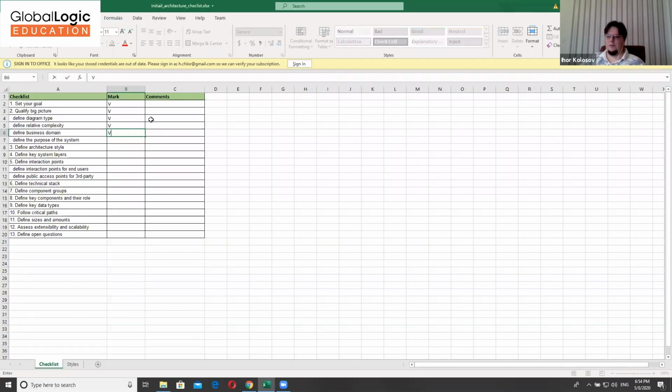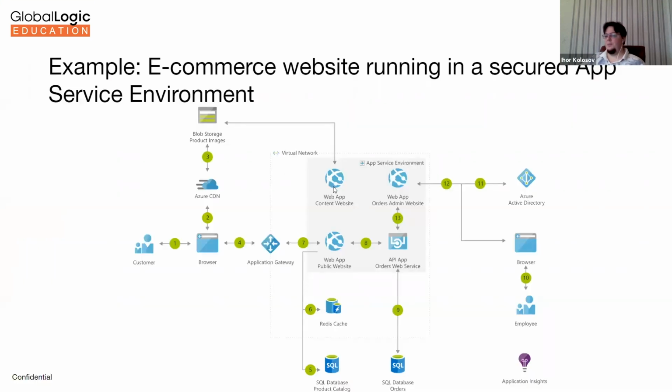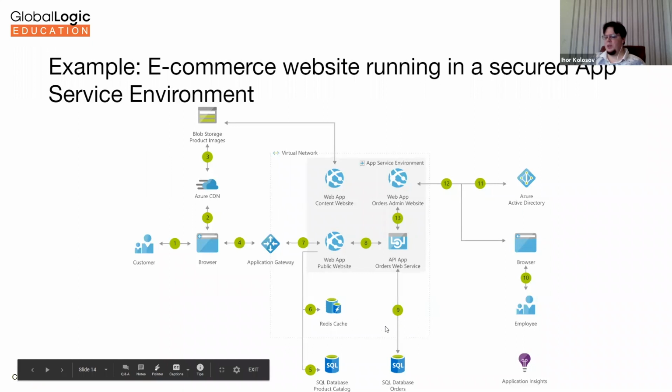Okay, mark here, and following this step, we were also able to define some purpose of the system, right? It will perform some sales activities. The customer will be able to observe some product images and place some orders. Someone will probably be able to process these orders.